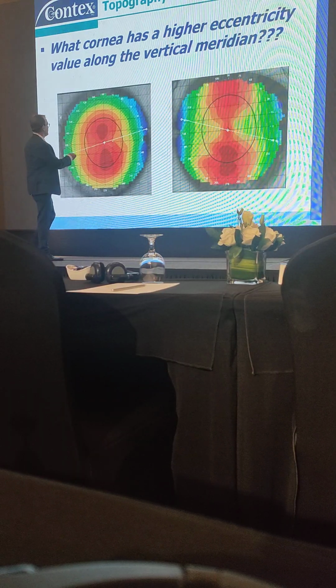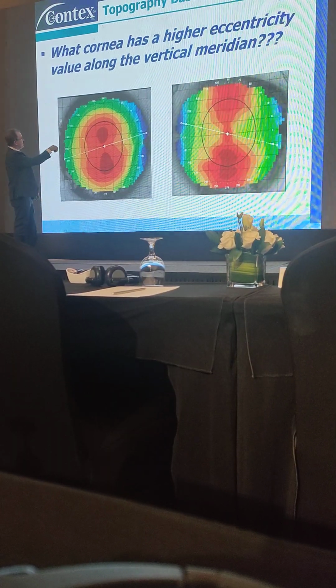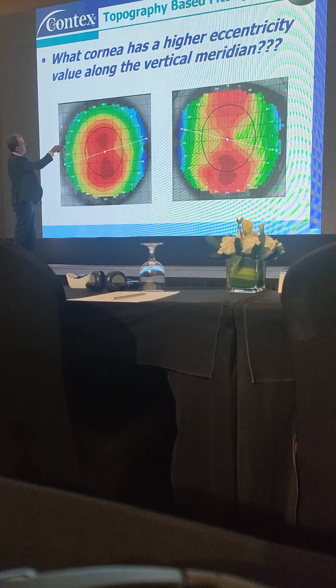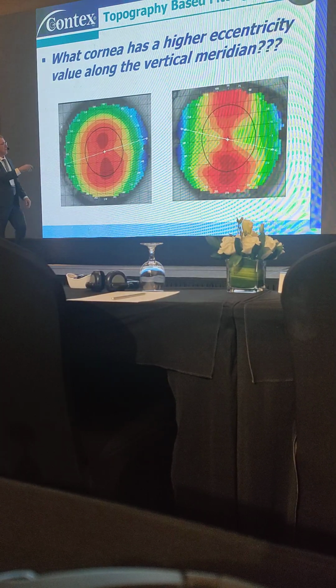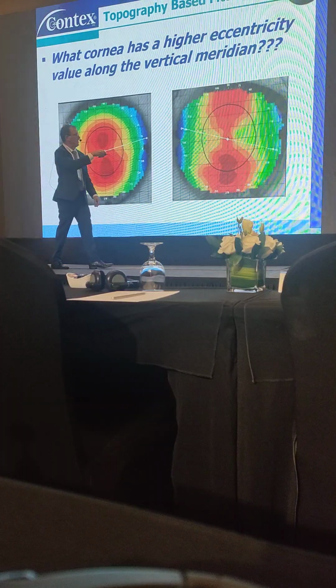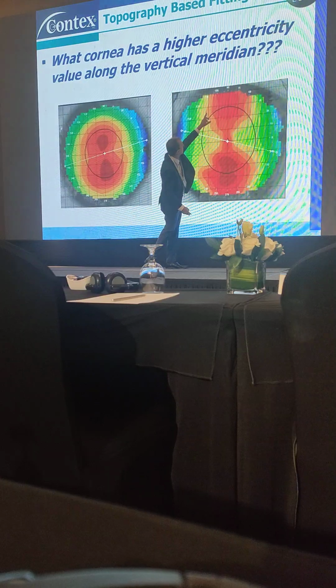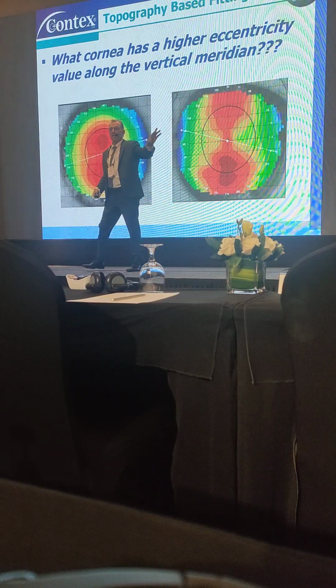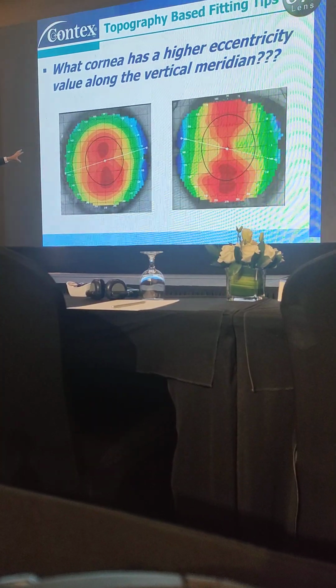Yeah, this one definitely has a higher eccentricity value. You can see how this flattens out up here, right? This is central astigmatism, and this is true limbal astigmatism. See how it's steep all the way from the top to the bottom? It's red. So that's when you know you have limbal astigmatism compared to central astigmatism.